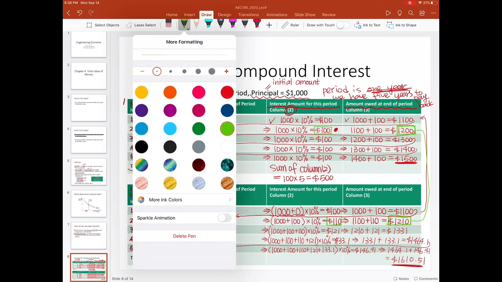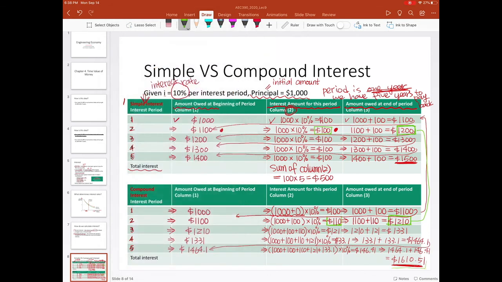Did you see that difference? This is $1,610, and in the first table you only need to pay back $1,500. Okay, so this is the difference between a simple interest and a compound interest.